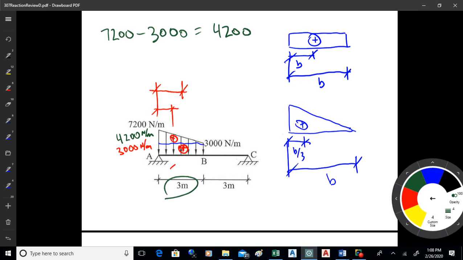When you multiply those together, you'll get the unit will be newtons, which is what you want. So you're going to get two loads, basically, and you want to find the distances where they're located as well. So we'll get this load, and we'll get that load right there.